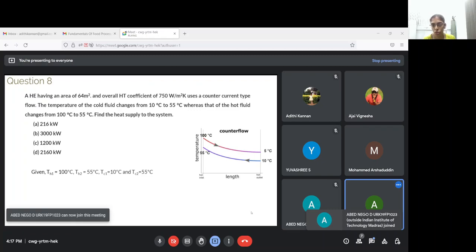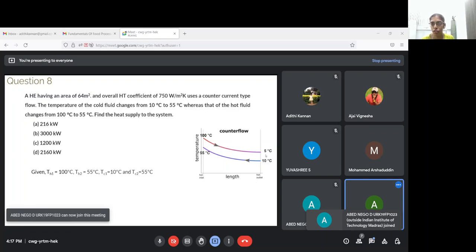So this is how a counter flow will look like. Your hot fluid will go from 100 to, sorry, there's a small mistake here. So this is 55 degrees Celsius and your cold fluid will go from 10 to 55 degrees Celsius in the opposite direction. So what is theta 1 and theta 2 in this case?